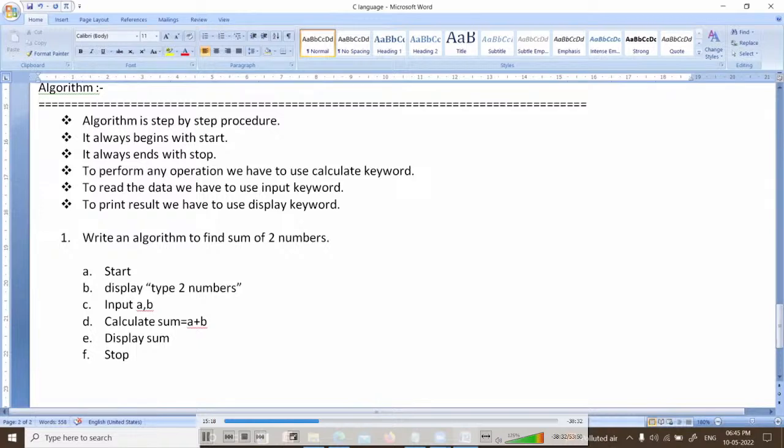How to get area? By multiplying length into width. So in that way, I find the area and I print. Right. After completion of writing, please tell me.